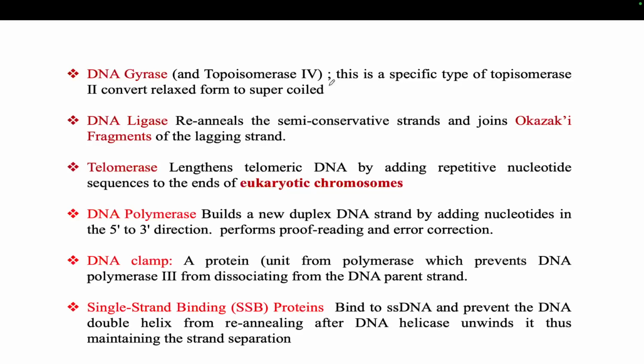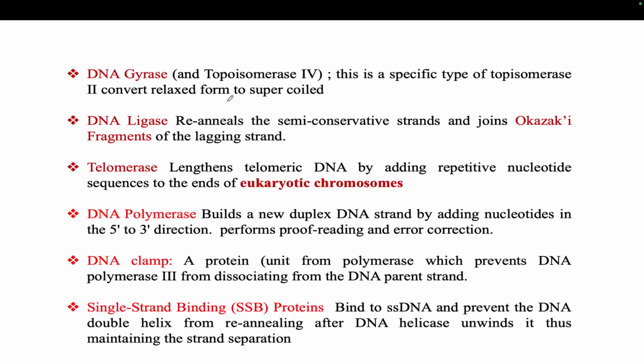From an exam point of view, it can be asked what the other name of DNA gyrase is, so topoisomerase 4 is nothing but the DNA gyrase. This is a specific type of topoisomerase 2 which converts relaxed form to supercoiled form, so it introduces supercoiling. Because if it is completely relaxed, then replication will also be difficult.